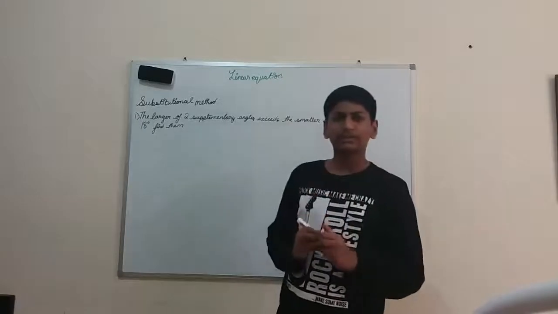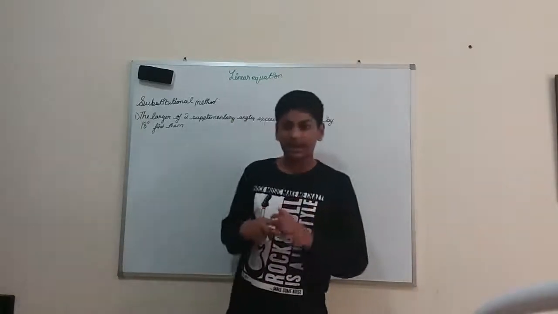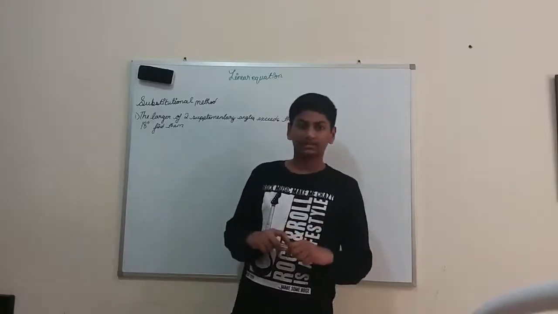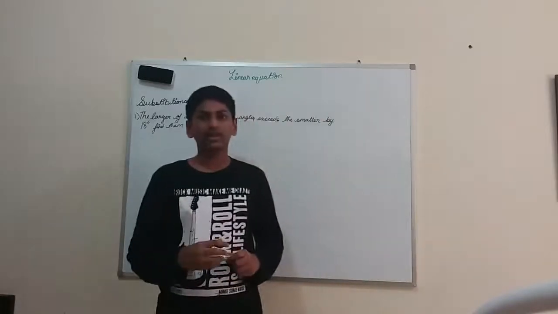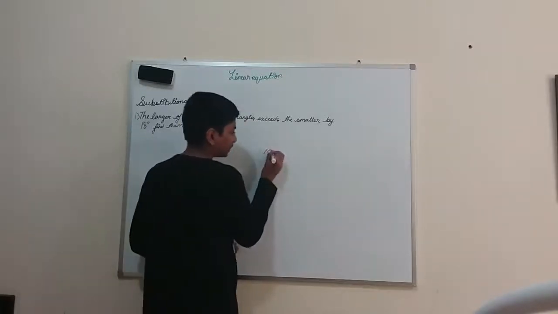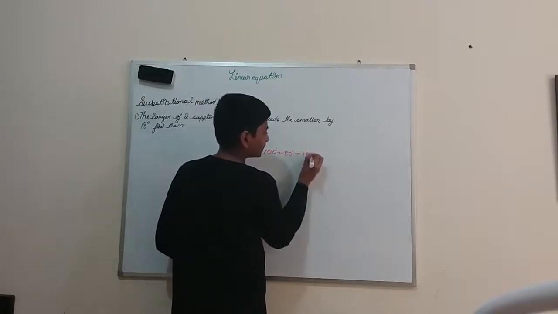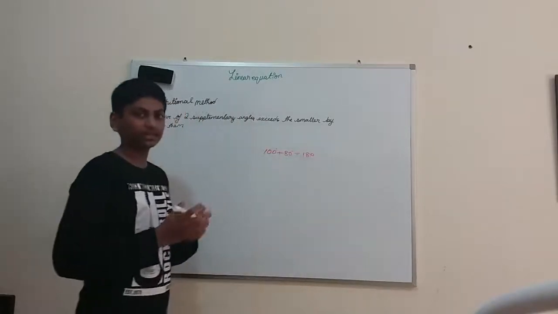What is the meaning of supplementary angles? If there are two angles and they add up to 180 degrees, they are supplementary angles. Example, 100 plus 80: these both angles form 180 degrees when added, so these both are supplementary angles.